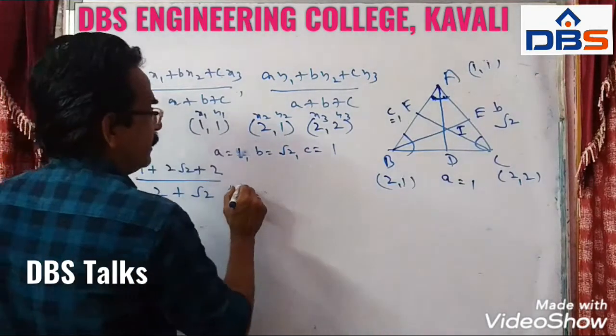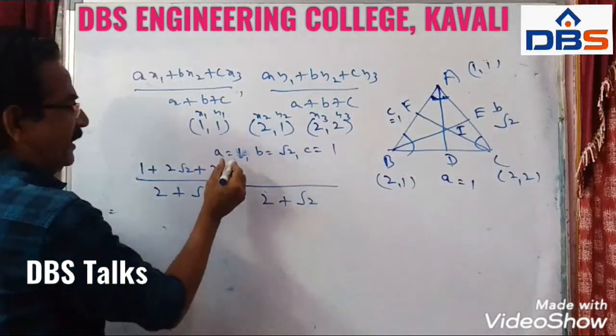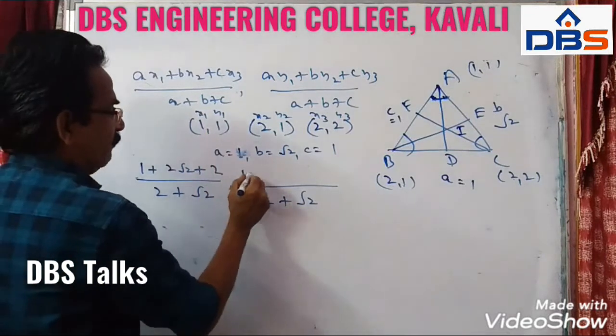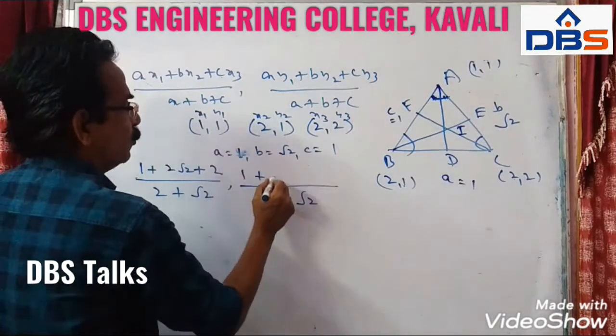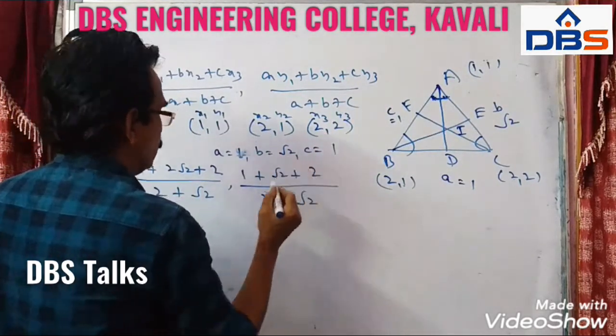This is one thing. And ay1: 1 into 1, 1, plus by2: root 2 into 1, root 2, plus cy3: 2 into 1, 2.